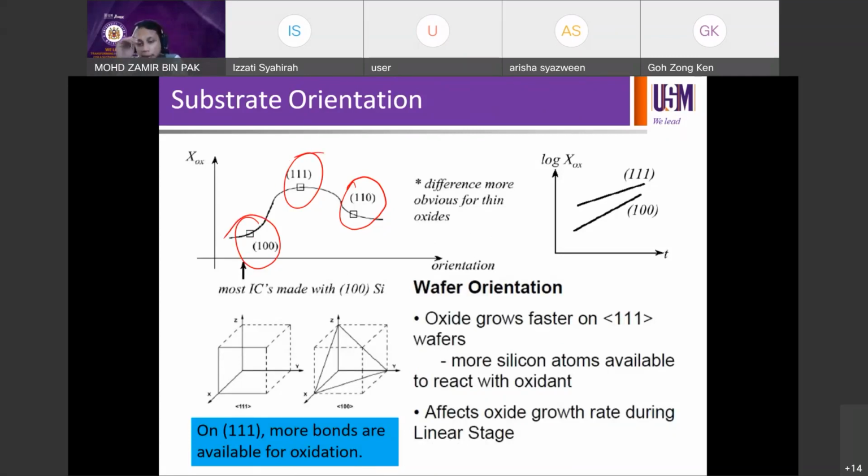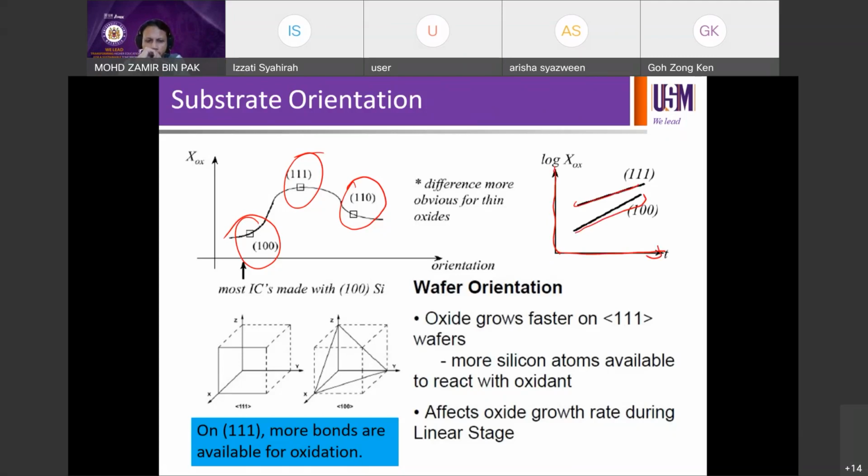If the conditions are different, then you cannot compare. If you compare 111 and 100 on this graph on the right, you will see this kind of trend: 111 is always higher than 100.